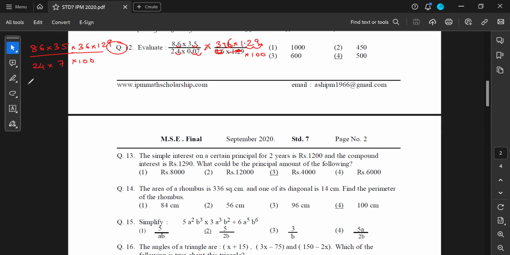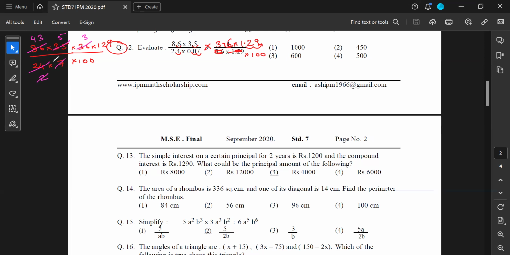I'll do the cancellation with another ink so that it will be easier for you to identify. Blue may not be so visible. Okay, pink. So I'll write 5 over here. And regarding 24, 12 twos are 24, 12 threes are 36. Regarding this, 2 ones are 2, 4 threes are 12.